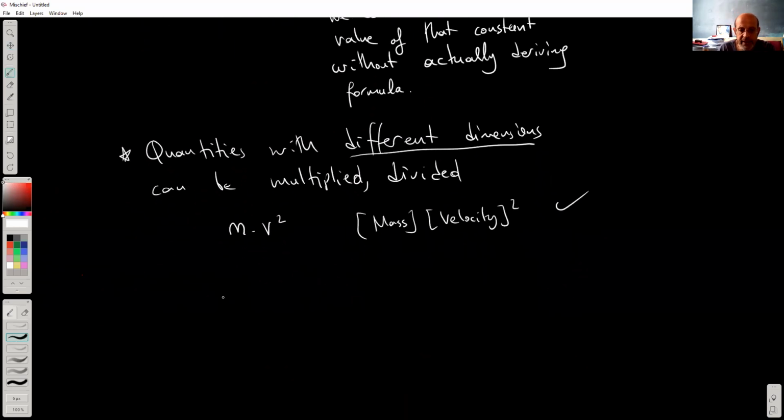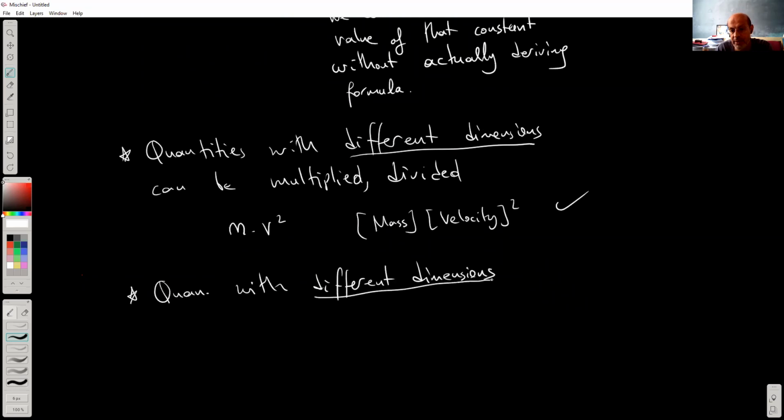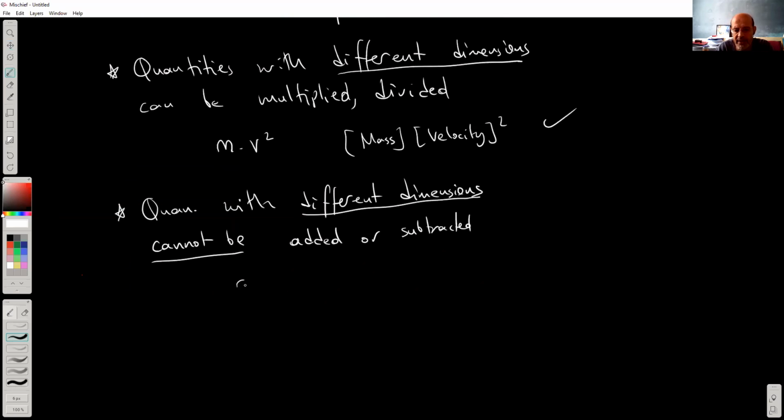That's okay. But what I cannot do is add them. Quantities with different dimensions cannot be added or subtracted. So things like, for example, 2 kilograms plus 3 meters are meaningless, right?